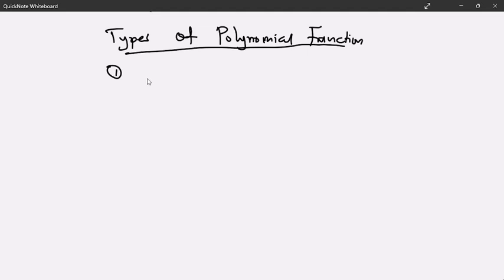So examples are 15x squared, 3b, and 12y exponent 4. These are all monomial polynomial functions since they all contain one term here.